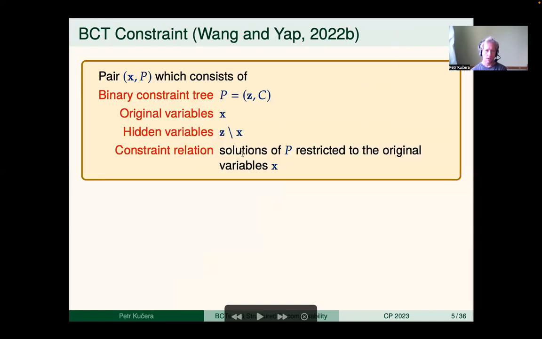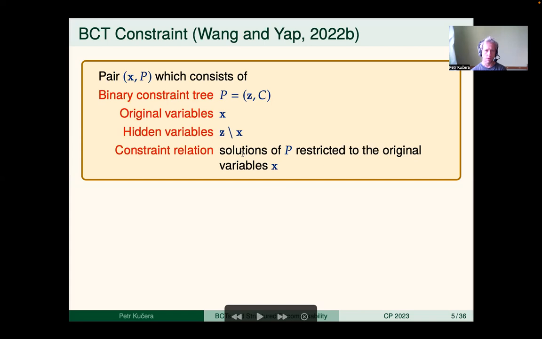And the idea is that we can use these to represent other constraints in the following way. If we have a binary constraint tree P that is defined on the variables Z and constraint C, then we can use it to represent a constraint on variables X. These are called original variables.